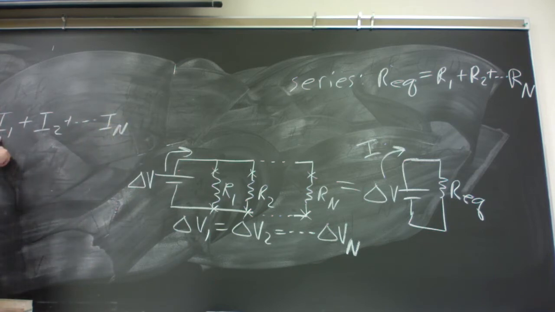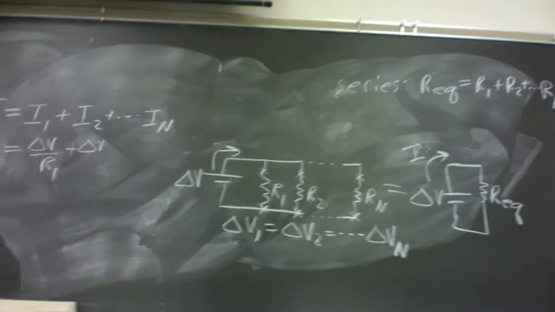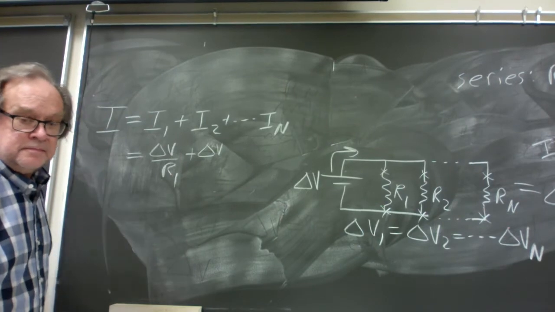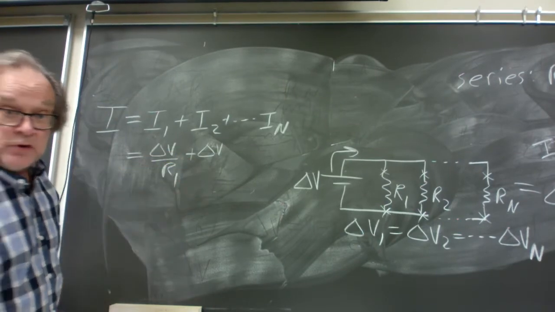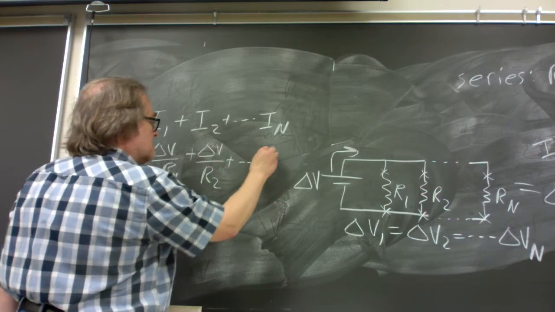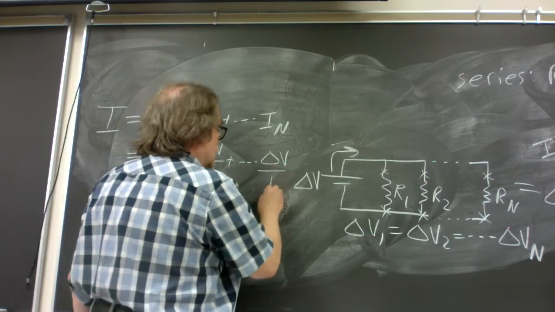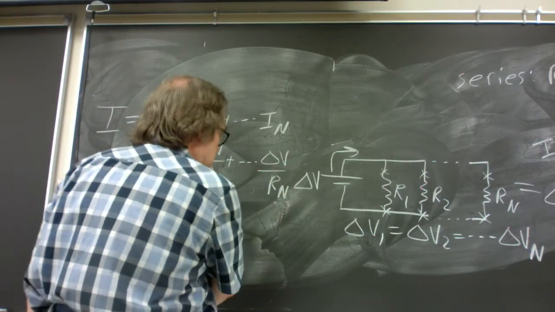Just use Ohm's law, and that's potential difference divided by the first resistance, and potential difference, same potential difference because they're in parallel, over the second resistance, plus same potential difference because they're in parallel over the nth resistance.